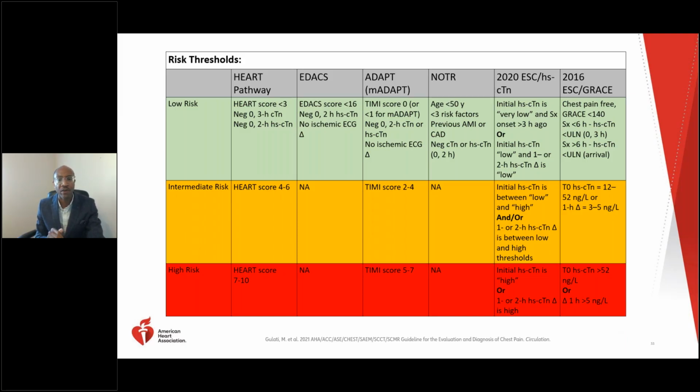The HEART pathway, the ADAPT score, and the other scores will incorporate more clinical information, and in a little more thorough way identify patients to be low risk, intermediate risk, and high risk based on scoring systems.